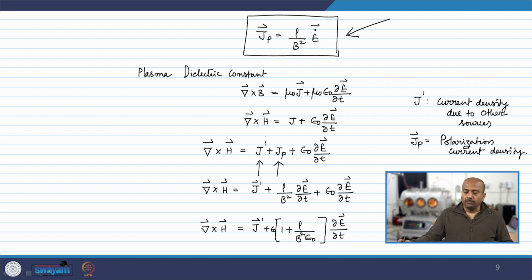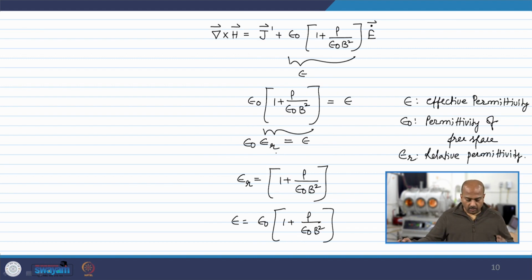Now, since the time varying electric field has many other consequences, it is important to bring the Maxwell equation into consideration. And here, by substituting what we have from the earlier treatment, we realized that this plasma in the presence of a time varying electric field and a magnetic field, of course, behaves like a dielectric with effective permittivity given by this expression.